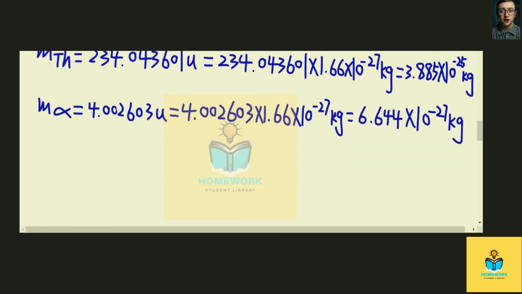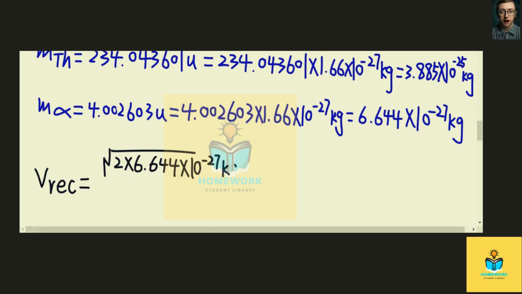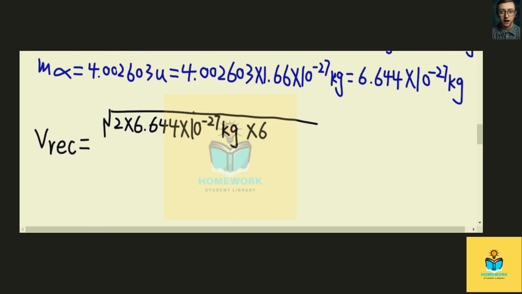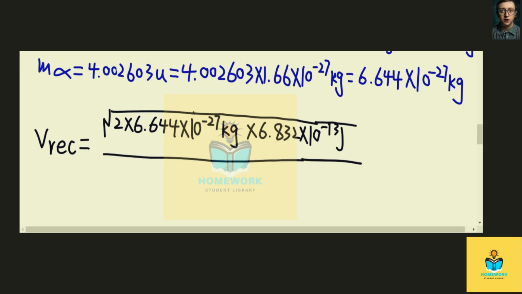So now we can plug back into the equation to determine the recoil speed, which is equal to the square root of 2 times 6.644 times 10 to the power of negative 27 kilograms, multiplied by the energy 6.832 times 10 to the power of negative 13 joule, over 3.885 times 10 to the power of negative 25 kilograms.